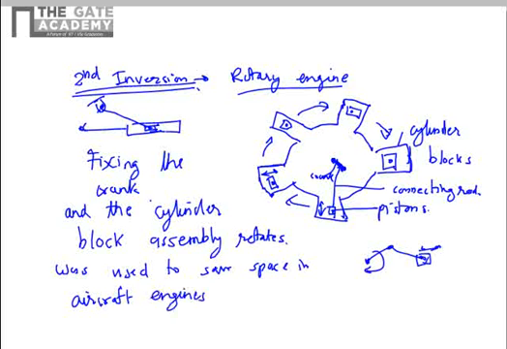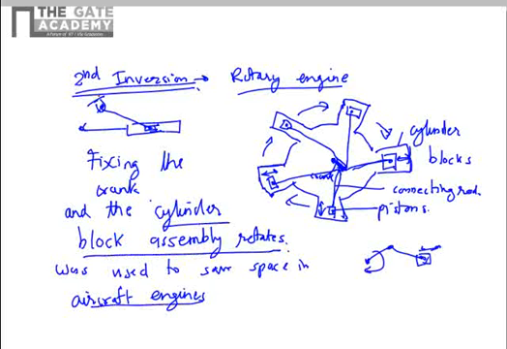So this is a center, and due to this eccentricity, all of them are connected. All of the pistons are connected to the connecting rod by this eccentric point. Due to this eccentricity, the piston moves up and down. So same kind of motion, but here the cylinder block is rotating.